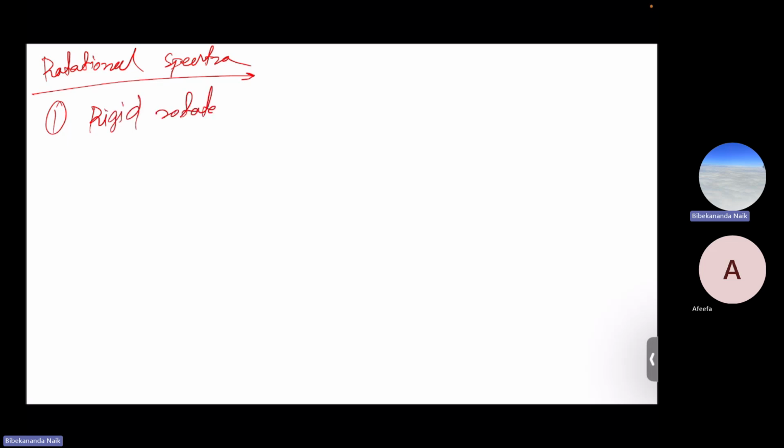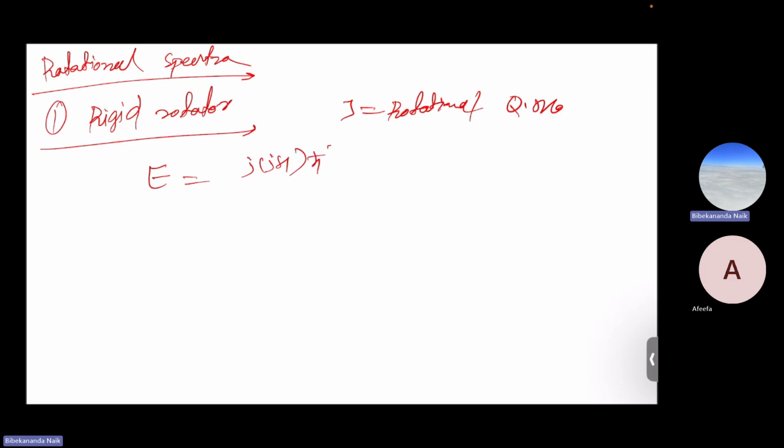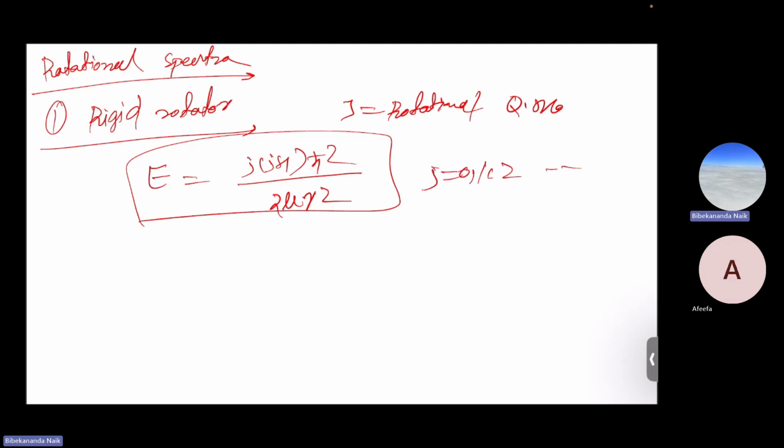In the rigid rotator, the rotational levels are represented by the rotational quantum number J, and the energy of the rotational level is given by E equals J into J plus 1 times h cross square by 2 mu r square, where J is 0, 1, 2, like that.